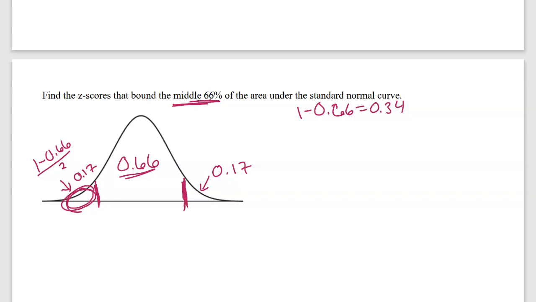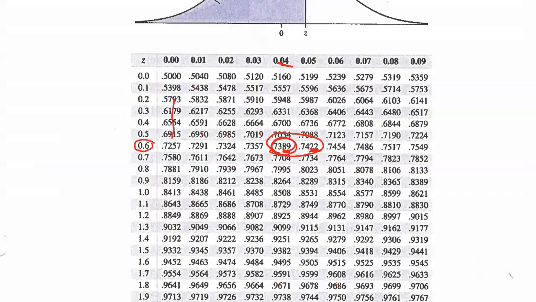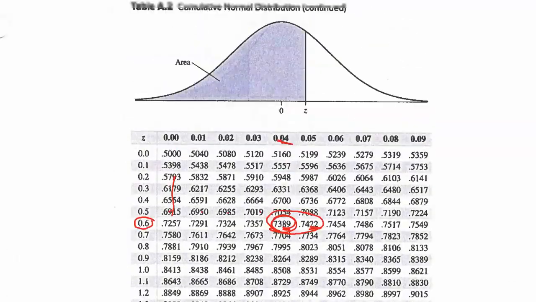And since this is symmetric, this z-score will be negative, and this z-score will be positive, and they will be equal. Whenever you're doing a middle, your z-scores will be the exact same, except opposite signs. So let's go look up a 0.17. And that's going to be on the negative side.